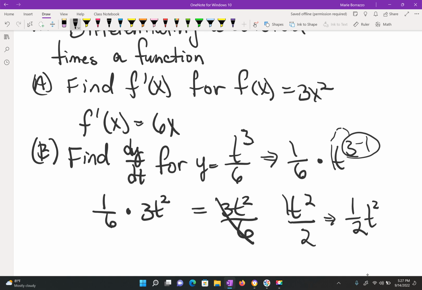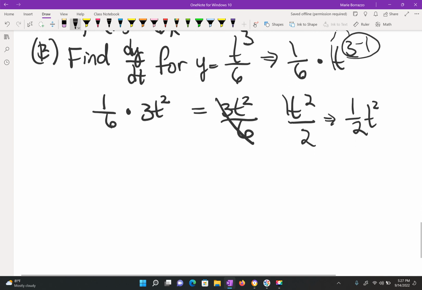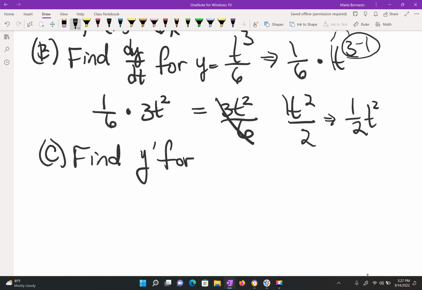Is that okay for you? All right. Let's look at C. Slightly the same, just different notation. So they're saying find y prime for y is equal to 1 over 2x to the 4th power.